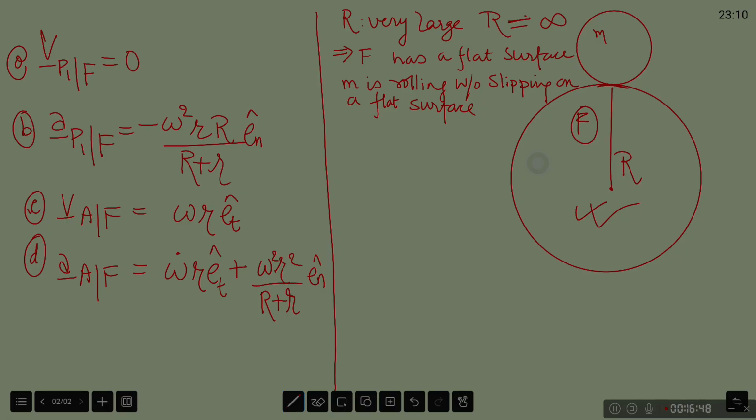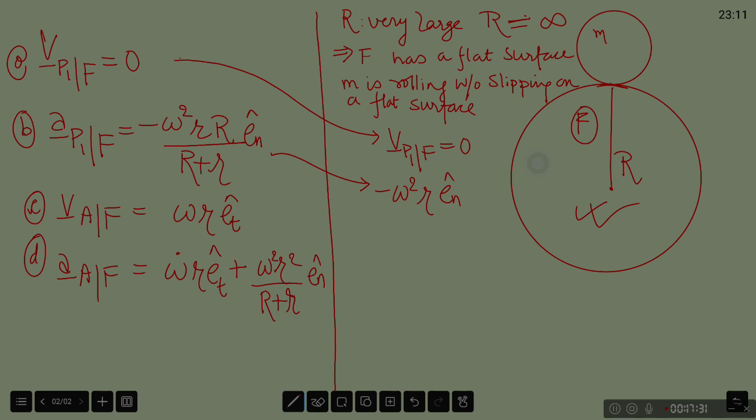How do these expressions simplify? Of course, VP1F will still be 0. There is no modification per se. However, AP1F will get modified. It will become simply minus omega square r in En direction.